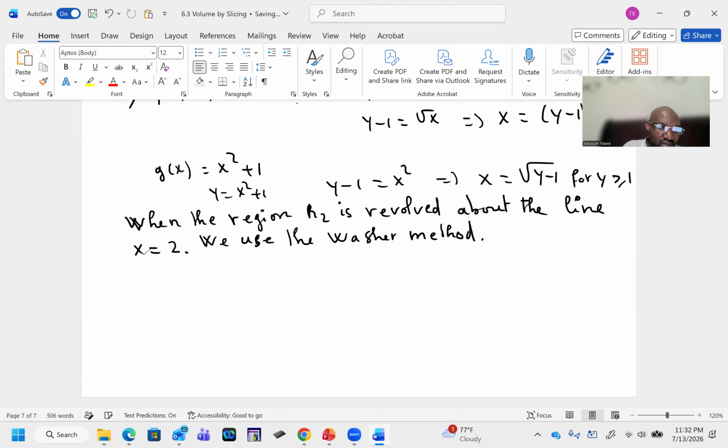So now by using the washer method, first note that the graph of f is described by y is equal.